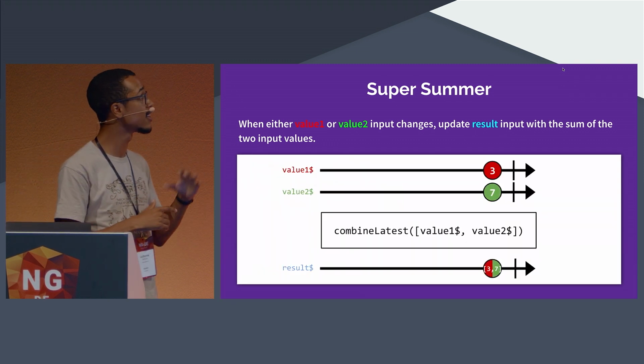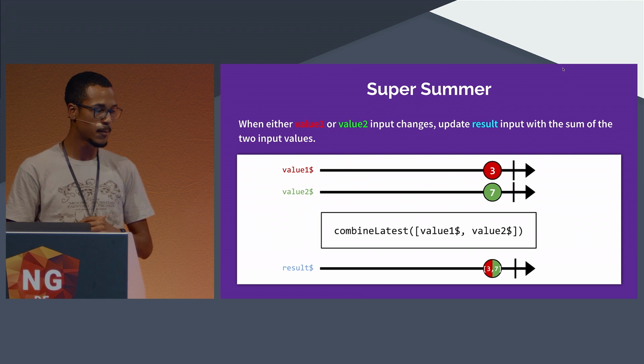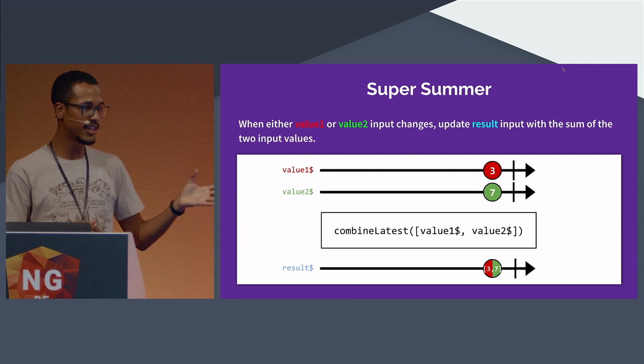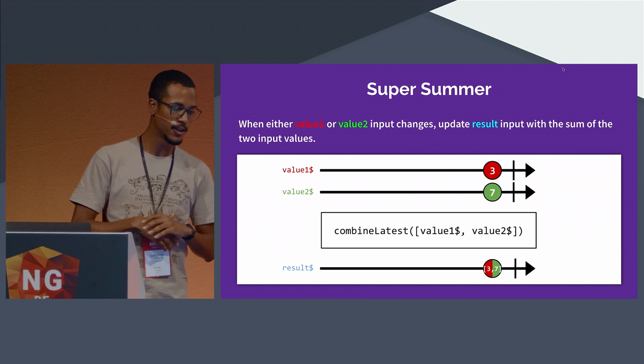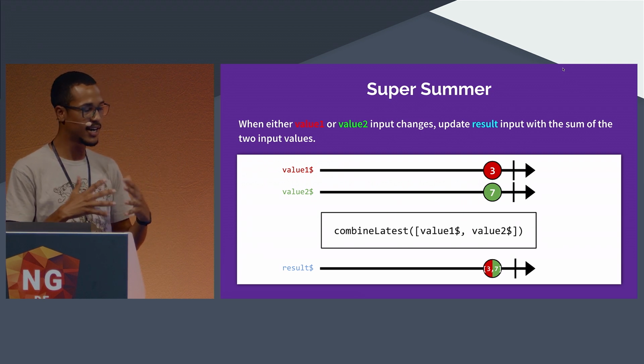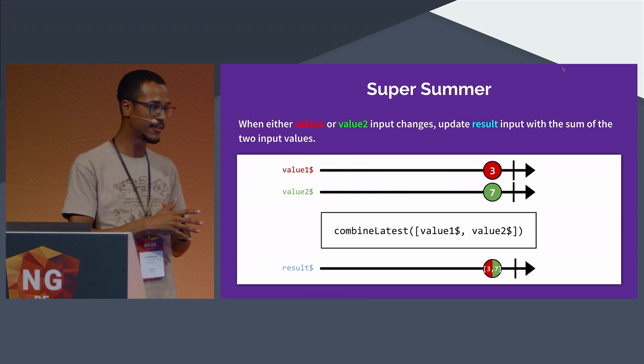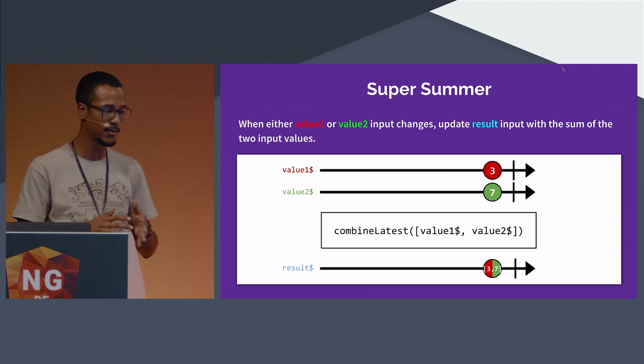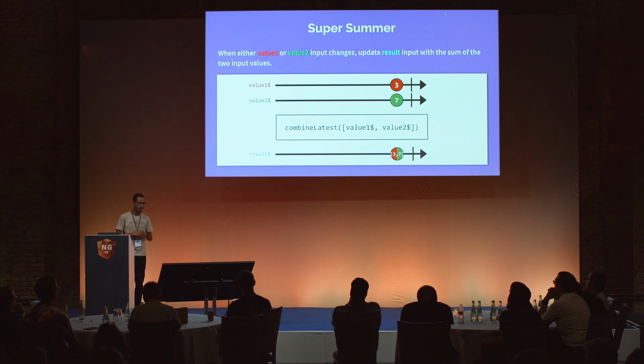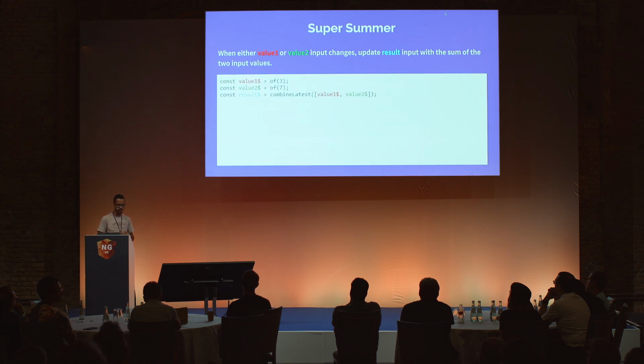Just to make it very clear, combineLatest is another creation operator which combines, as the name suggests, the latest emissions from the input observables, and then emits one value with all those values in a single array.